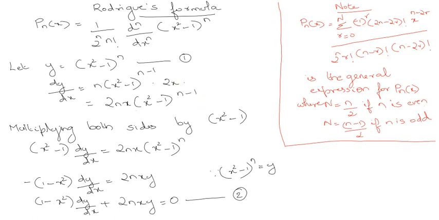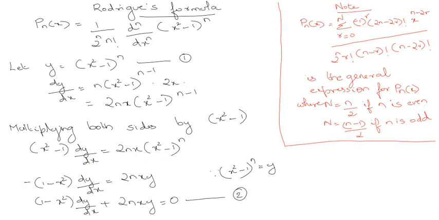So LHS will become (x square minus 1) into dy by dx is equal to 2nx into (x square minus 1) the whole raised to n minus 1 into (x square minus 1), which is (x square minus 1) the whole raised to n. Okay. Now, from the LHS of this equation, we are taking a negative sign outside.